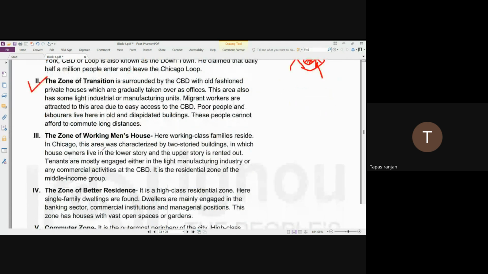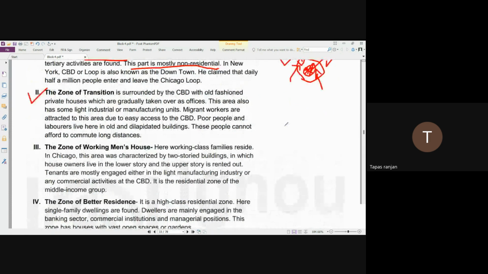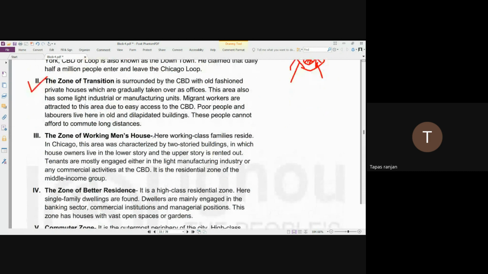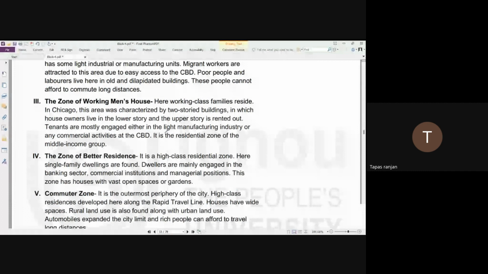Then the zone of working men's houses. They basically reside with their family, and this is to some extent far from the CBD, and it is basically the residential zone. This zone of working men's houses is a residential zone, and a lot of functions are not performed here.